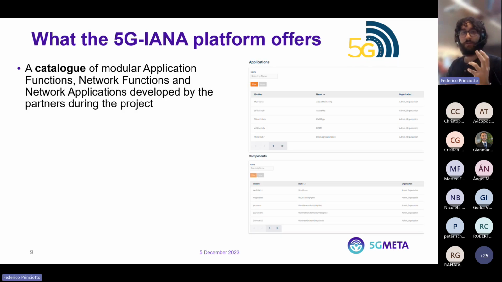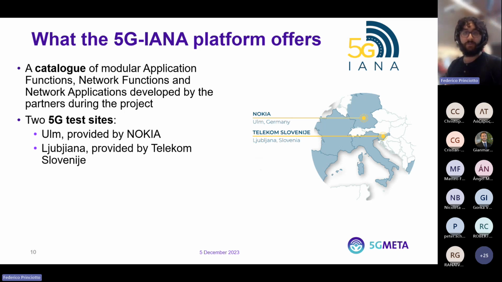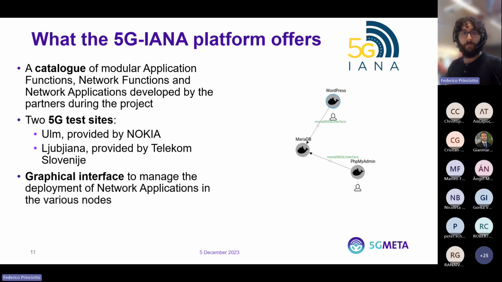So what 5G IANA offers to a user is a catalog of all the application functions, network functions, and network applications that were developed during the project by any partner in the project. It offers two 5G test sites, one in Ulm provided by Nokia and the other in Ljubljana provided by Telekom Slovenia, and provides a graphical interface to ease the deployment of network applications.